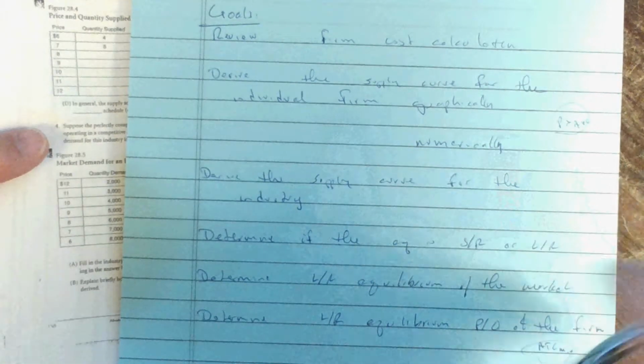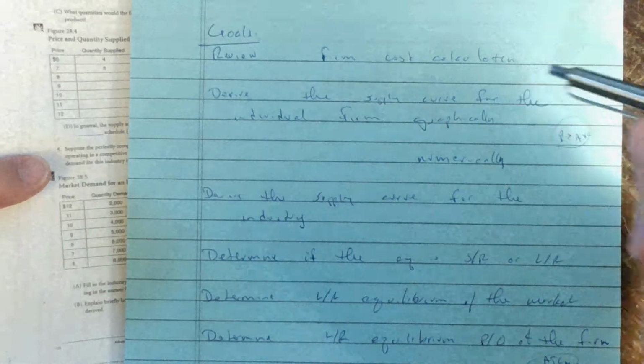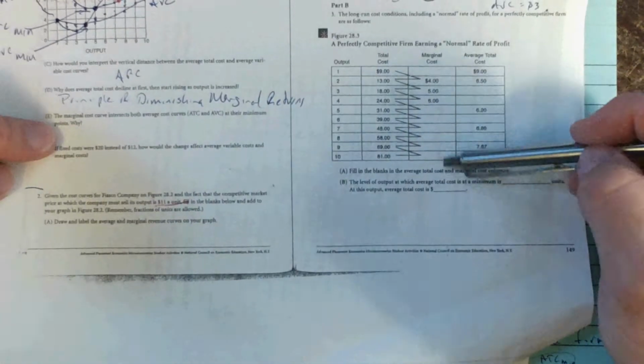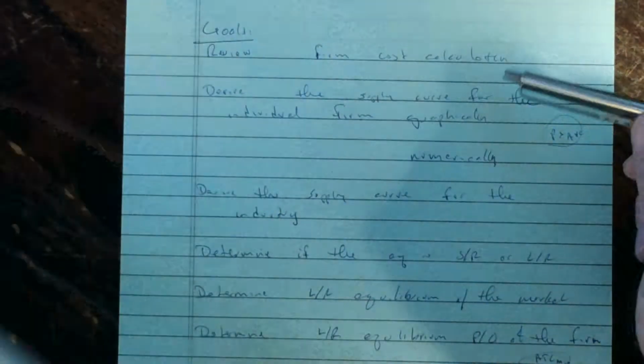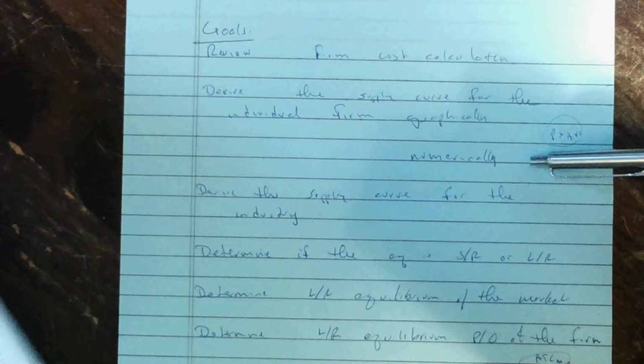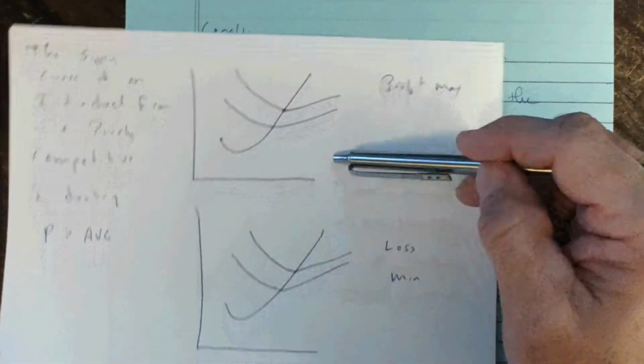Adjunct Professor Moran, Microeconomics 112. In this session, possibly the next one, we have the following goals. We're going to review cost calculations by continuing on activity 28, practice calculating marginal cost and average total cost. We're going to derive the supply curve for the individual firm graphically and numerically, and graphically from these curves.